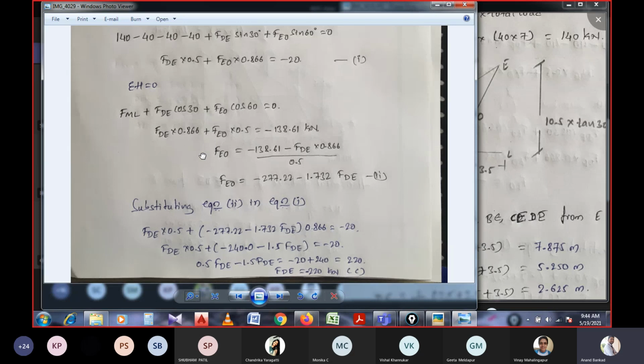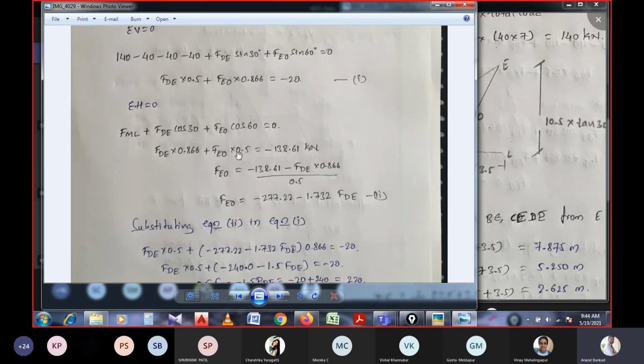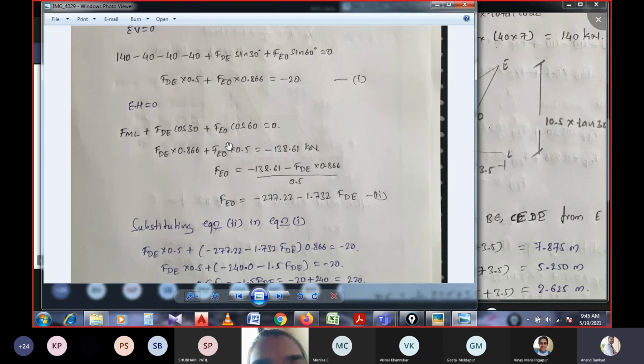So if you observe this equation and that equation, FDE has 0.5 as a coefficient in equation 1, and in this equation it has 0.866. If you have these kinds of equations, you cannot solve by referring to only one, because these forces will not get cancelled. In that case we need to express FEO by resolving equation number 2. So how is it resolved?